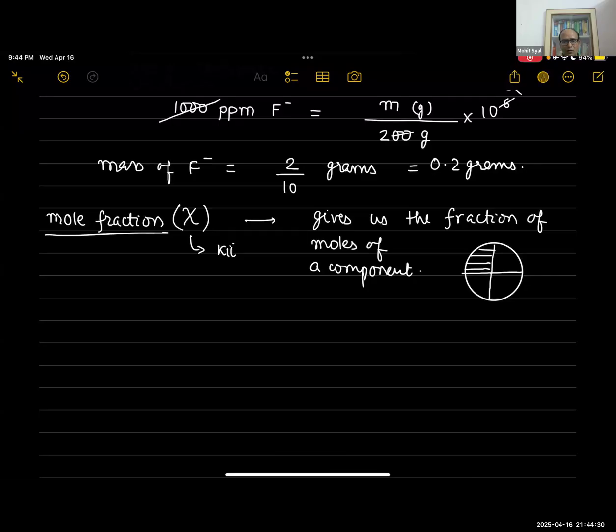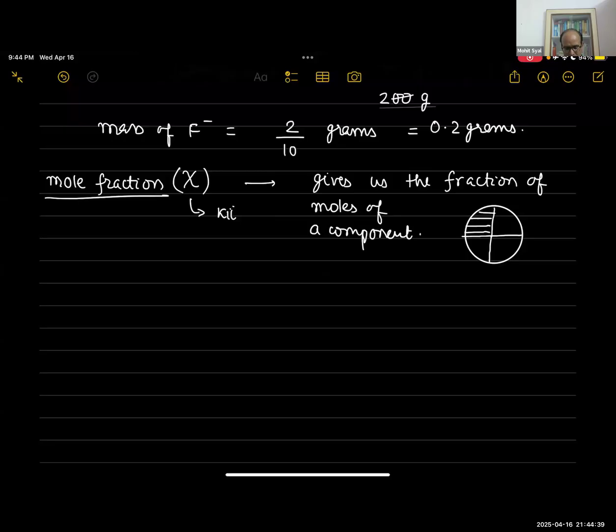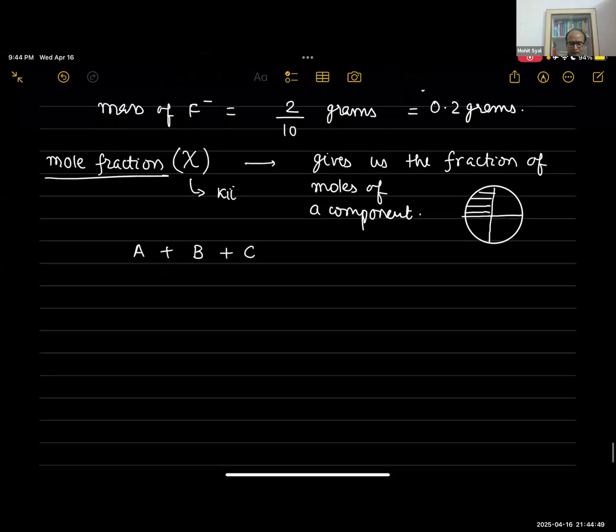So out of the total moles, how many moles are there for a particular component? That is called fraction. How are you going to find it out? Suppose you have a mixture of A plus B plus C, or it could be D also, you can extend the formula.